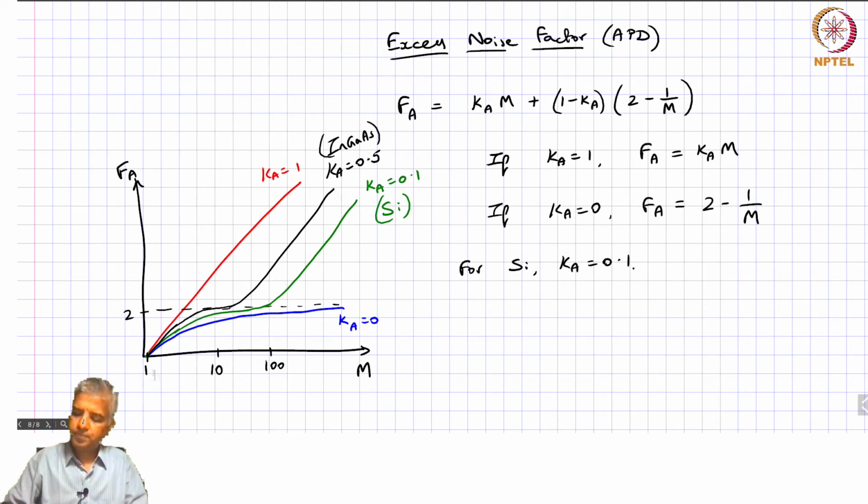Okay. So for K equal to 0.1, the optimum gain value could be in the order of 100 to 200.